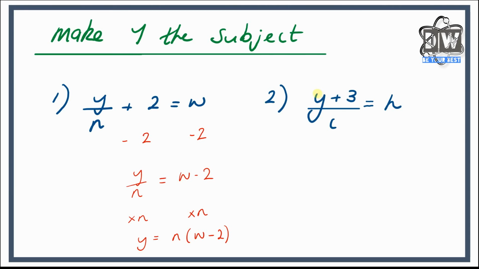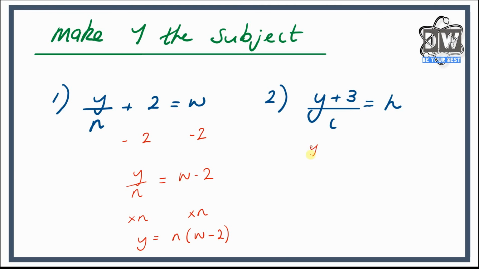Okay, so what we've got is y plus 3 divided by c. So this whole lot here has been divided by c. So I can't take away the 3 before I deal with the c, because this whole lot has been divided by c, right?